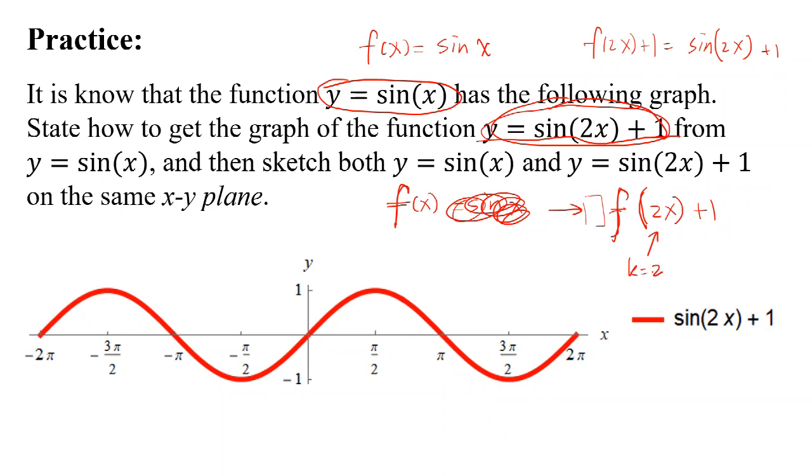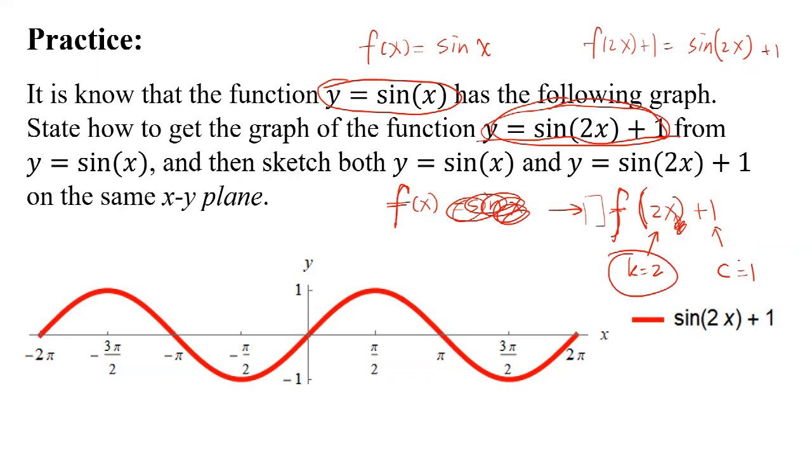This means we need to do a horizontal compression or stretch, right? And there is no d here. So we don't need to do any horizontal translation. And there does have a c here, c equals 1.